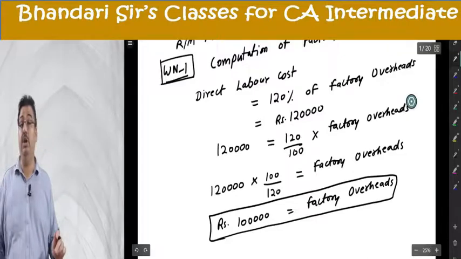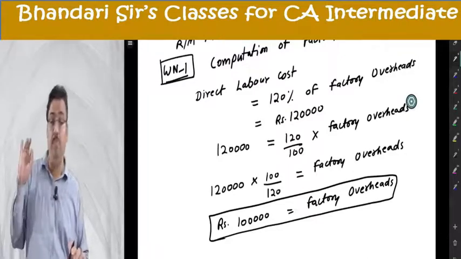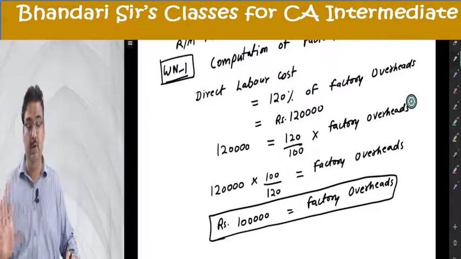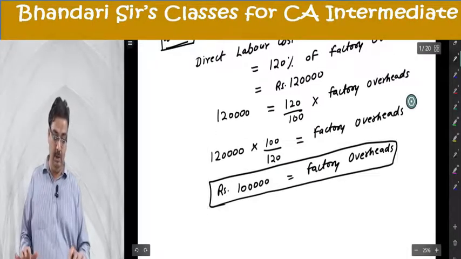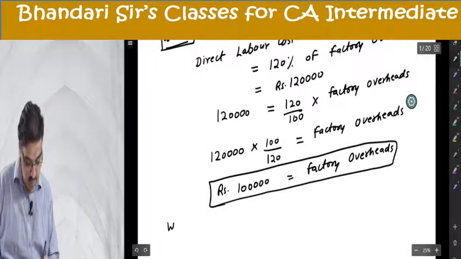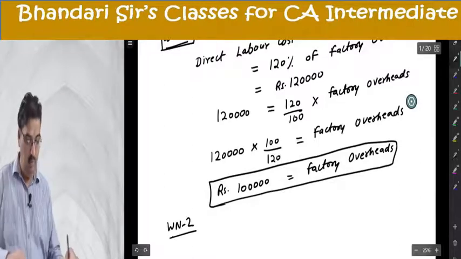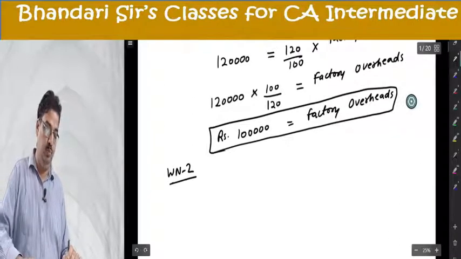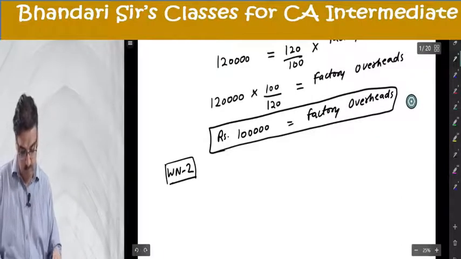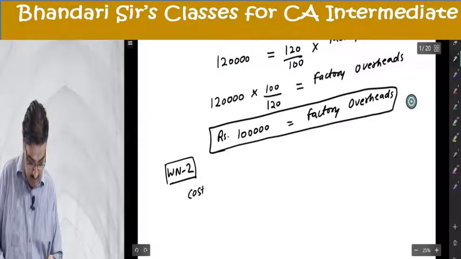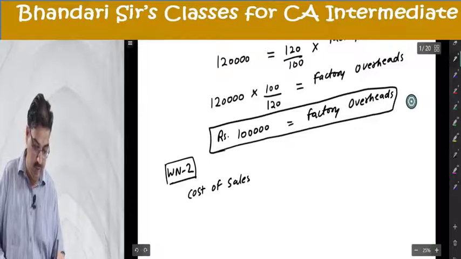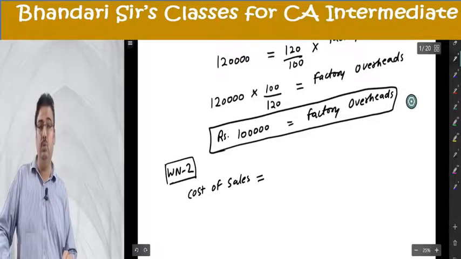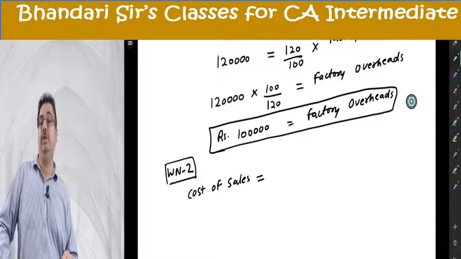The reverse computation is yet to start. Reverse computation starts from cost of sale. So working note 2 is on that. I hope that much is clear. Working note 2. Cost of sales is equal to, how do you reach cost of sale?